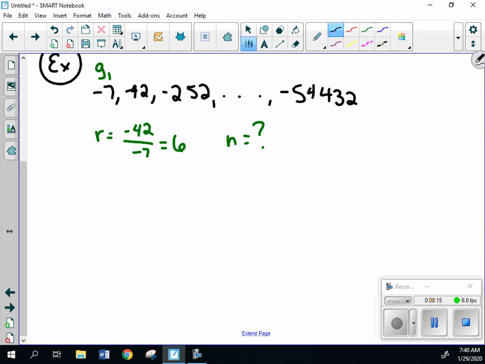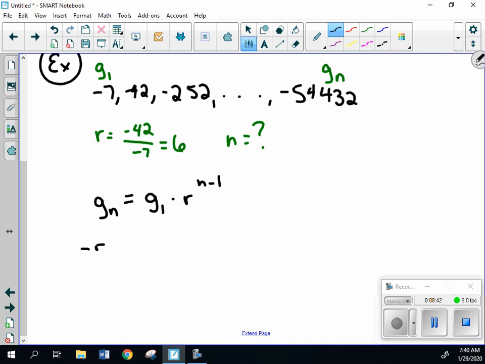So we're going to use our formula for our geometric sequence. We have g of n, which is our last term. So we can plug this information in to solve for n. n happens to be in the exponent, which means we're going to have to use logarithms to solve this.